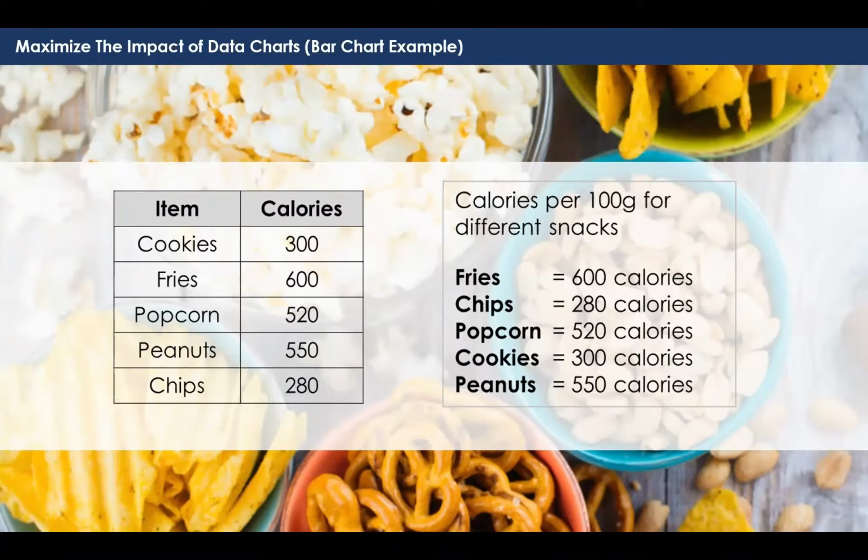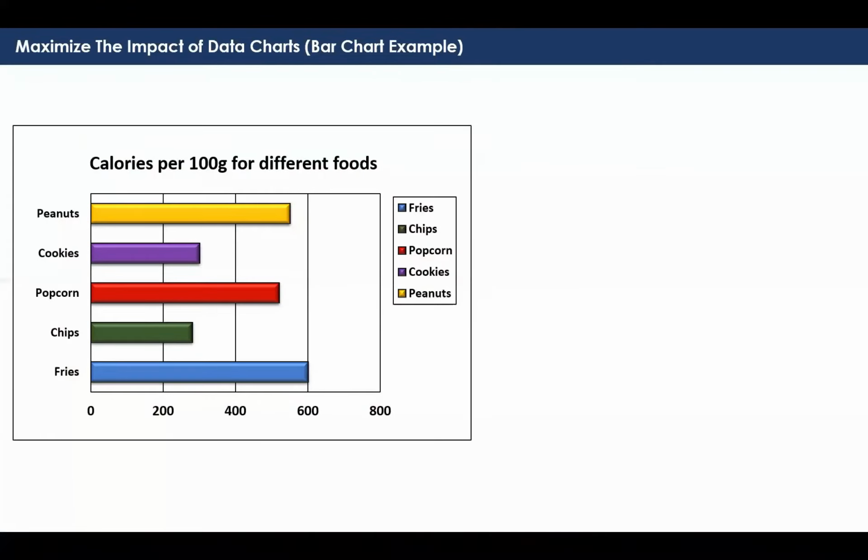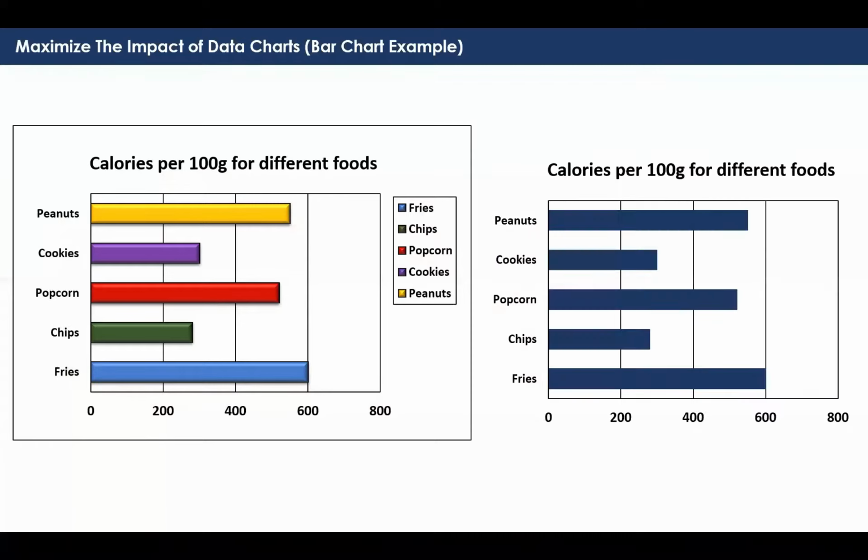I use a bar chart to represent it because it's individual. I have the data. Each snack that I have in my pantry has different calories. The best is that this one is generated by default. But what I can do is minimize it by using the formatting: delete the color, delete the additional shapes, the shadows.